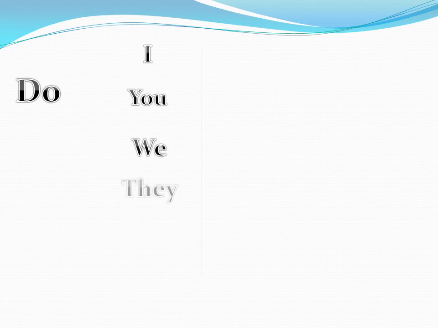I, you, we, and they. But if the question starts with does, it has to be followed by he, she, or it. So in English, the yes and no question starts with do or does only. We know that do comes with I, you, we, and they, and does comes with he, she, and it.